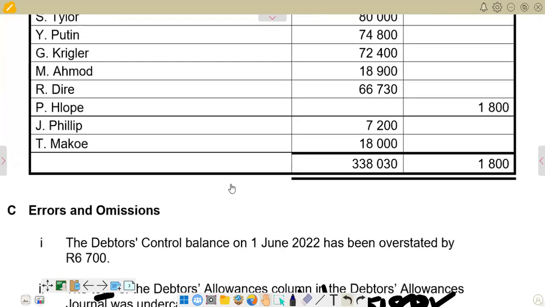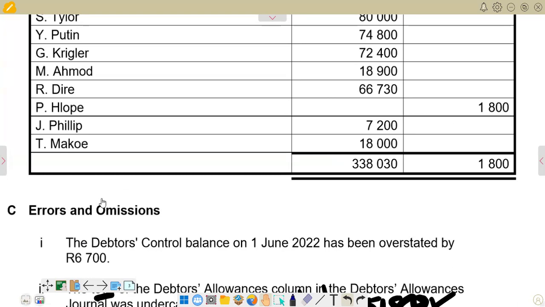Remember, P4P is here. We have got 1,800 on the credit side. When it's on the credit side, it means it's a negative, so we are supposed to present it in the list of balances as a negative 1,800. Then we add 1,800 to remove it from the credit side. Remember, we said we are debiting it in the debtors control, so that we transfer it to the debtors ledger.